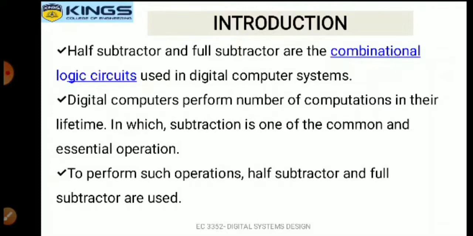Step number 3, obtain the truth table. Step number 4, draw the K-map for the outputs and obtain the simplified Boolean expression. And step number 5 is draw the logic diagram. So these are all the 5 steps we have to follow for designing combinational logic circuits.